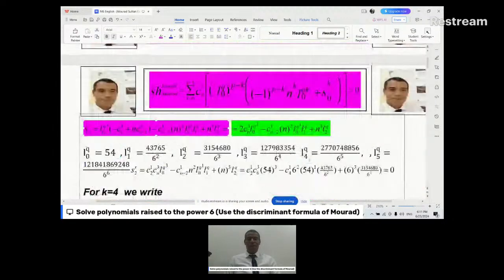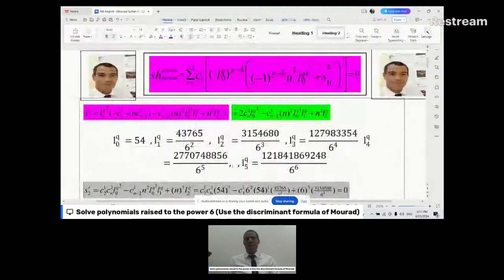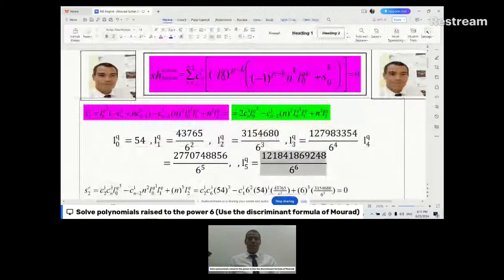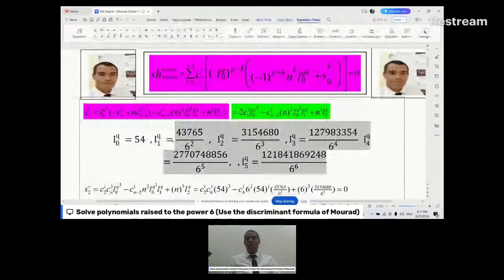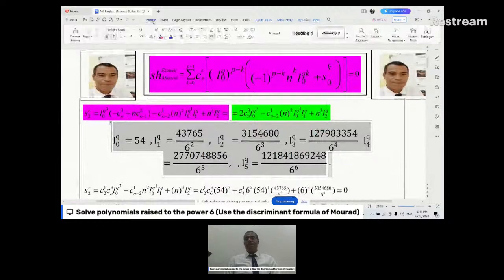I will use the coefficients of my original polynomial to the power 6, because I started working with the polynomial to the power 6, and these are its coefficients.